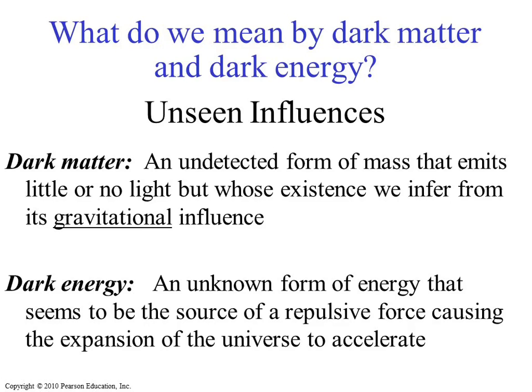But dark matter, we know it's there because it's influencing objects, but we can't see it. And actually, we're going to see that some dark matter is just because it's not lit up. Those are called MACHOs, massive compact halo objects. They're not lit up.